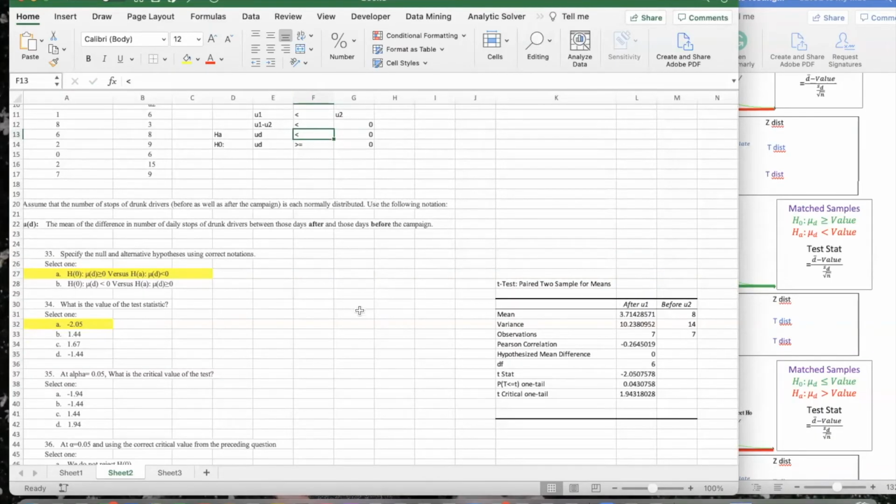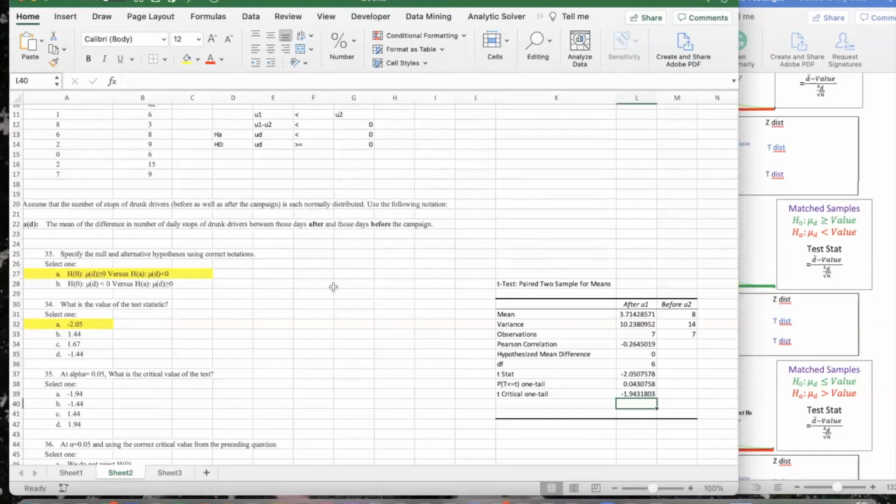Whenever you do this process on Excel, what we did, this t-test paired 2 sample for means, it's always going to give you a positive critical value. So it is your responsibility to look at the alternative, double check, is it greater than or less than? And if it's less than, you need to go in manually and change this to a negative.